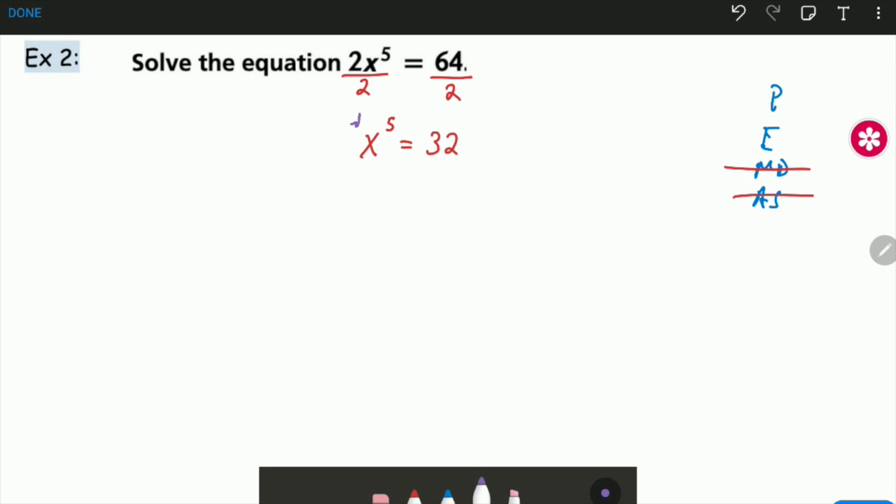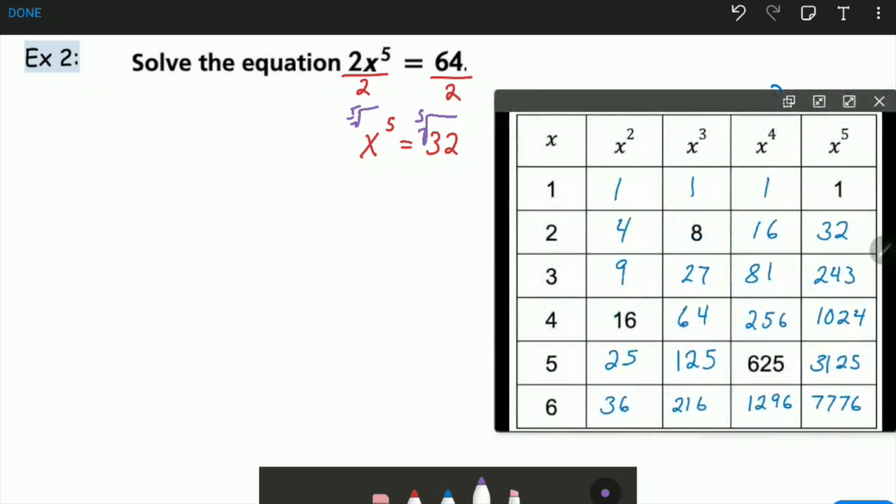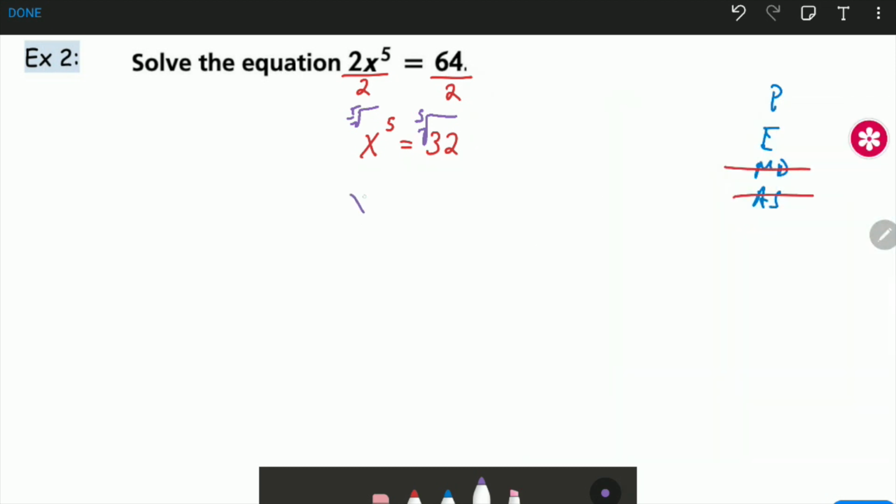In other words, what is the 5th root of 32? Well, if I use my handy chart, I can figure that out pretty easily. I see 32 in the fifth power column, so the fifth root of 32 is 2. So x will equal 2.